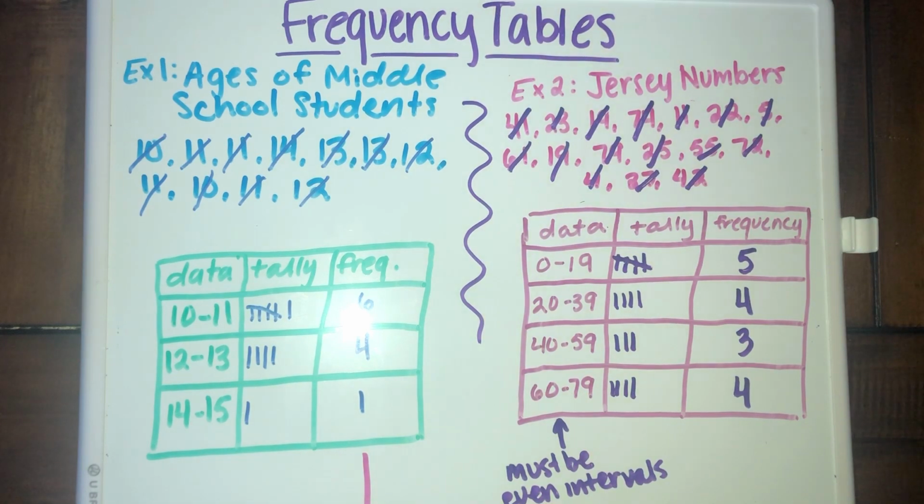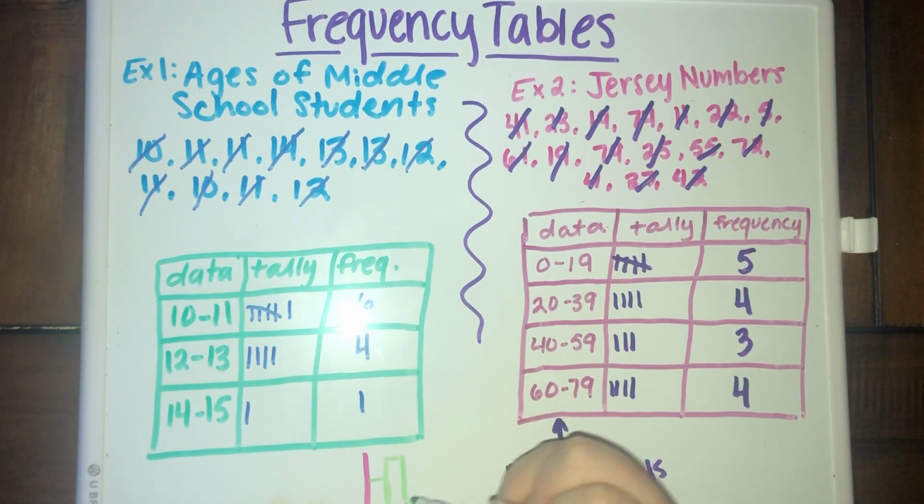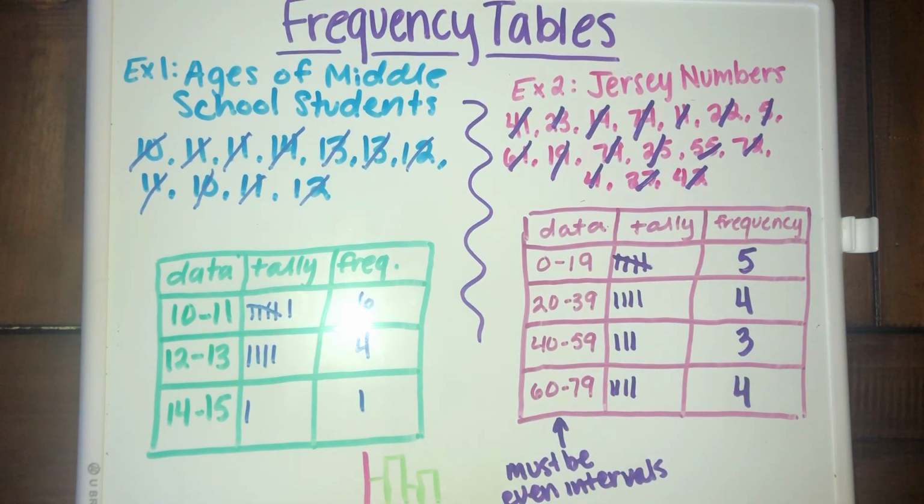Histograms are basically like bar graphs that show the different intervals, kind of like this. So this is a histogram, and this is what we use our frequency tables to create. We will go over all of that in another video.